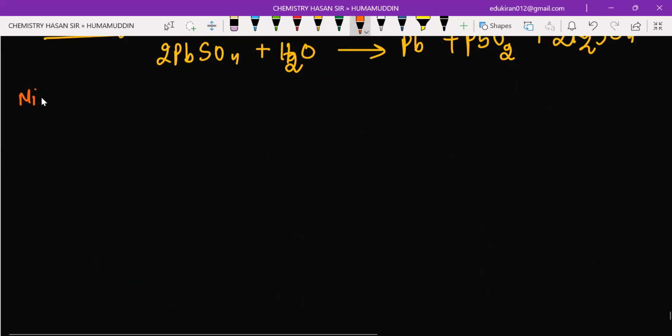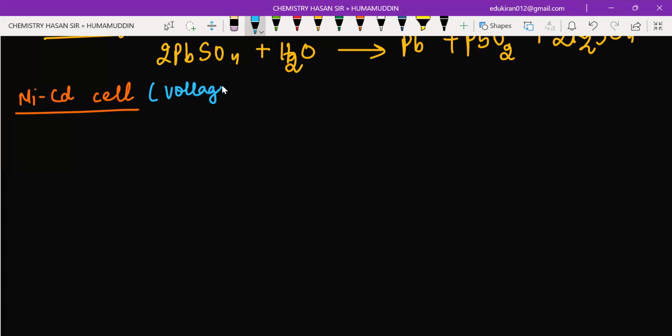Next is your nickel cadmium cell. And here the voltage is approximately 1.2 to 1.4 volt.